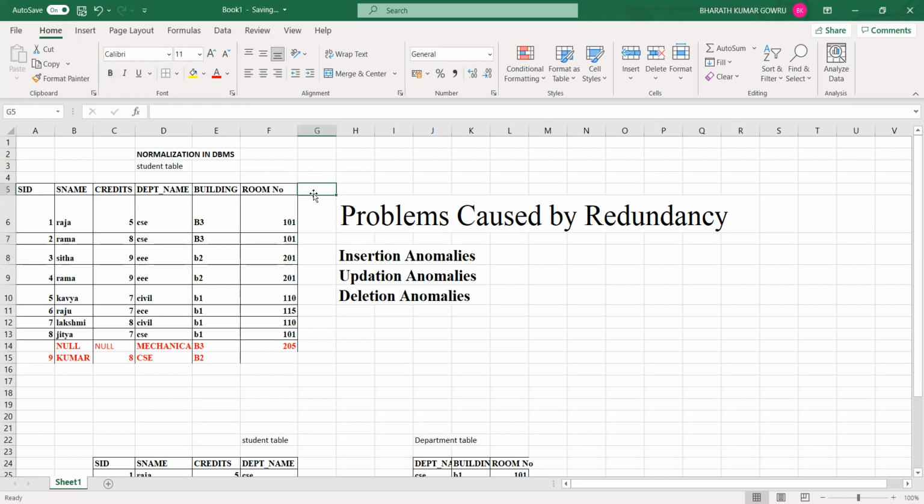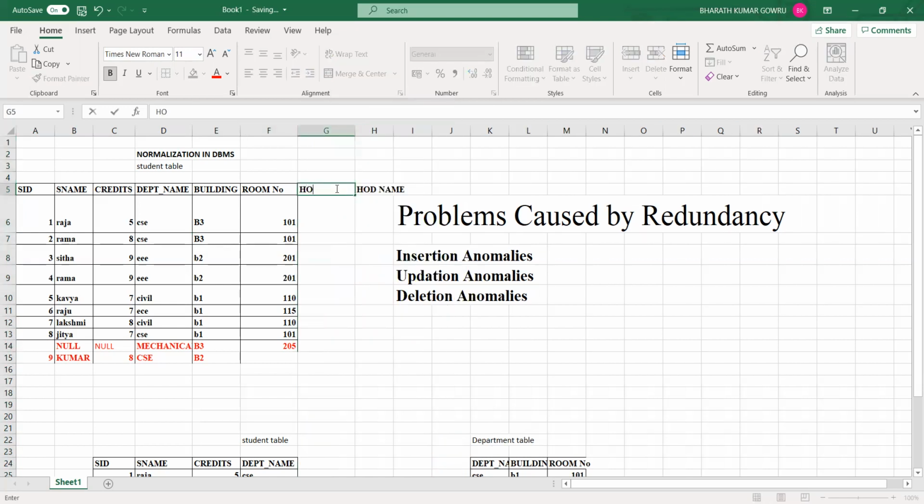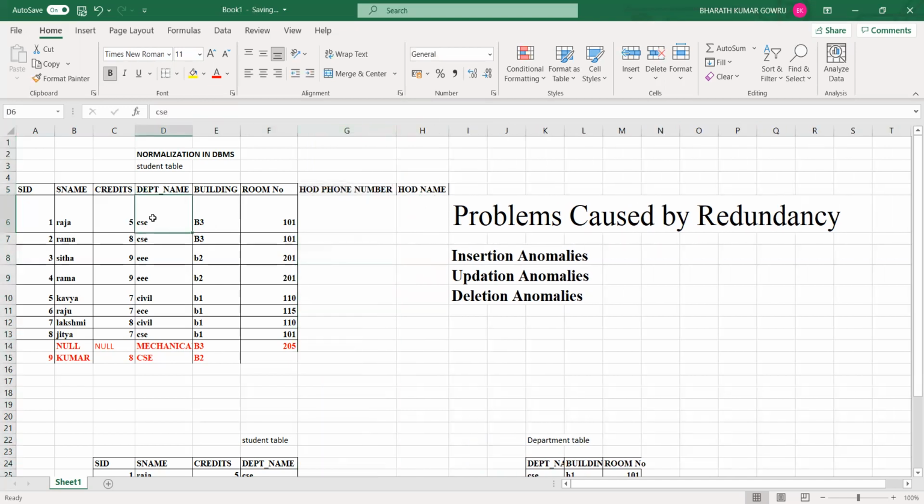Here is another example. Suppose we consider another field here, HOD name, or other information like HOD phone number. Suppose the students are related to the CSC department, then the HOD name and HOD phone number are the same for all these students.